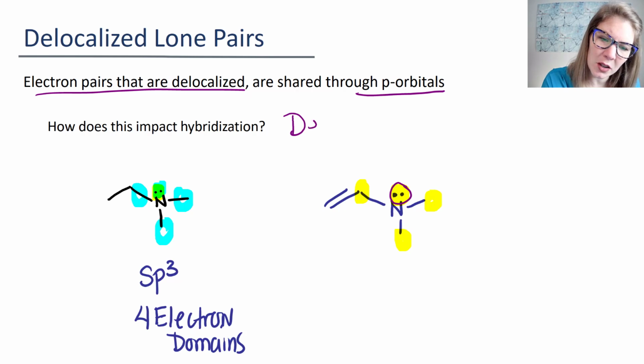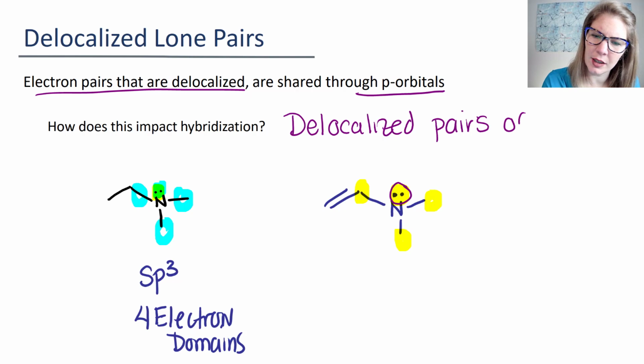Whenever anything is delocalized, that electron pair is living in a p orbital. So delocalized pairs of electrons live in p orbitals.